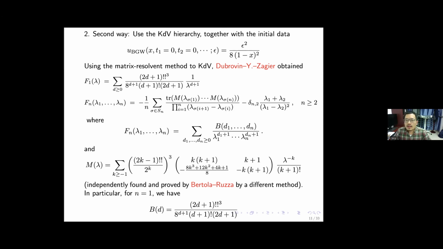In that case, there is a cohomological field theory and a standard correspondence to topological recursion. So yes, there is a cohomological field theory and also a topological recursion for the generalized BGW theory. Okay, thank you.